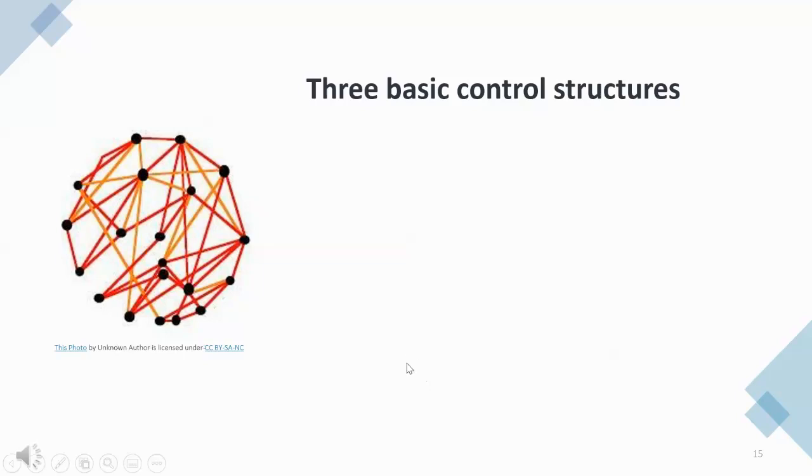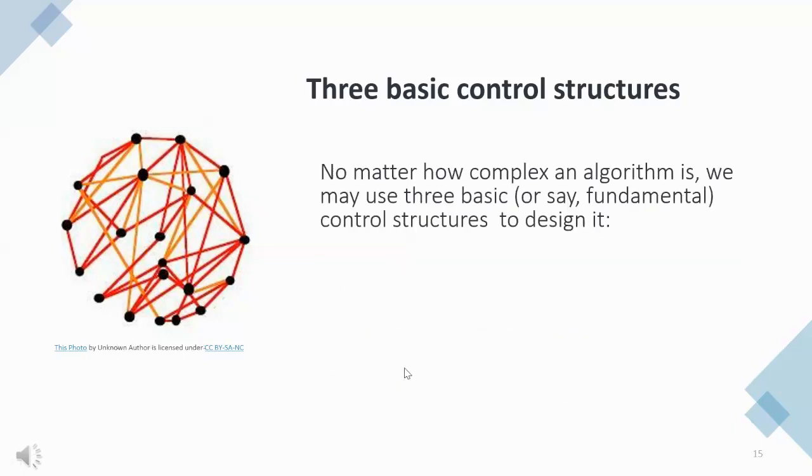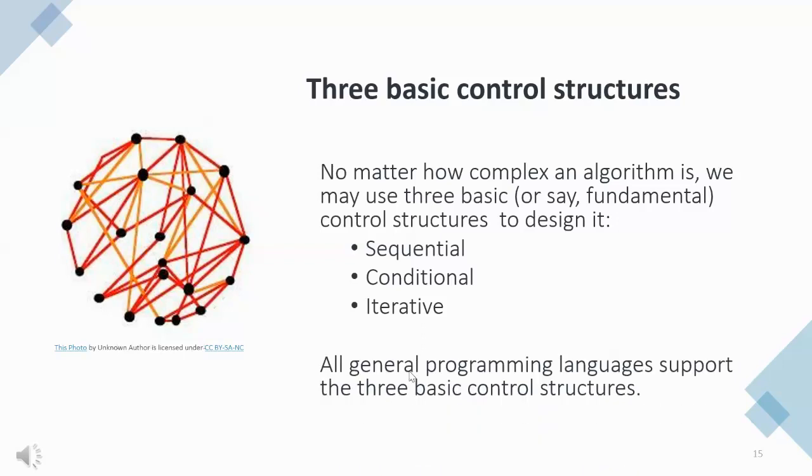No matter how complex an algorithm is, we may use just three very basic control structures to design it. The three basic or fundamental control structures are sequential, conditional, and iterative. All general programming languages support the three basic control structures.